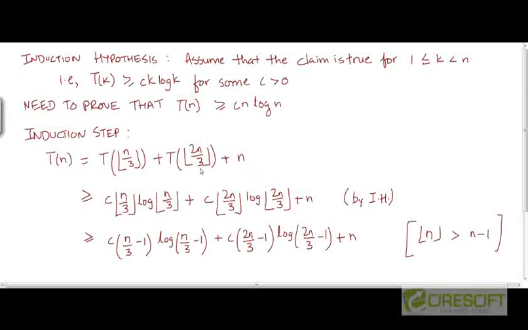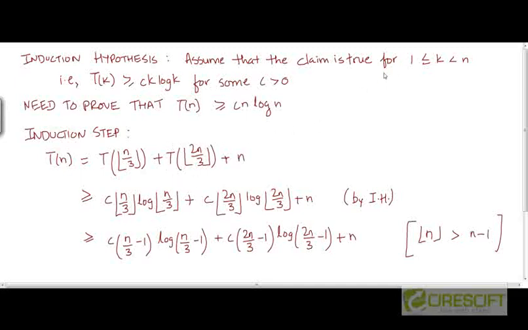This is basically the definition of the recurrence itself. Now because n by 3 and 2n by 3, with their floor operators of course, are going to be less than n, we can assume that the induction hypothesis can be applied for these values of the subproblem.